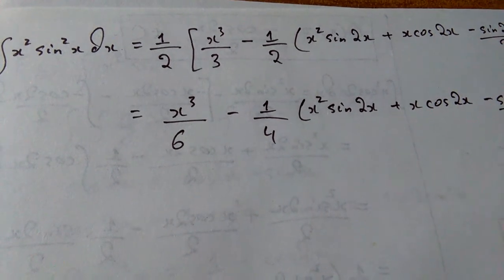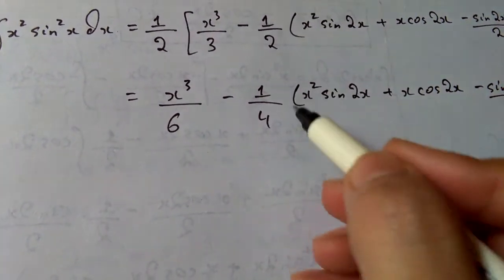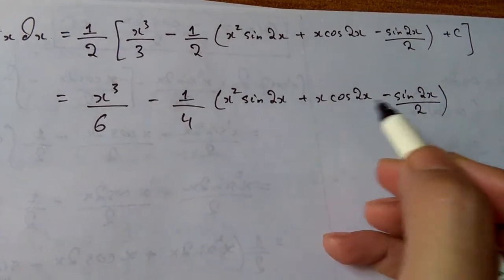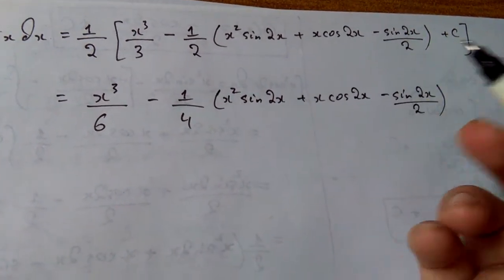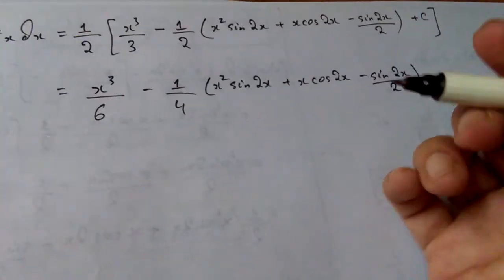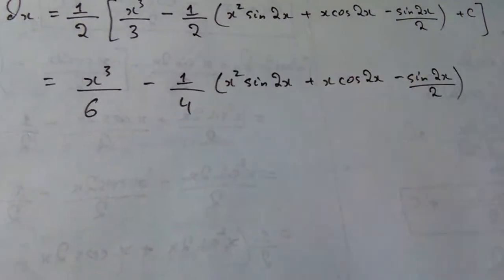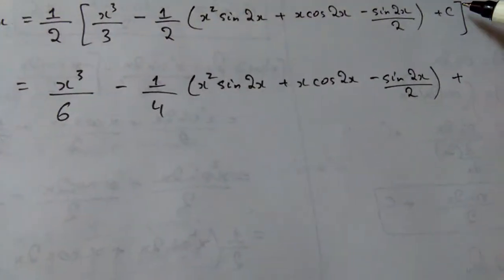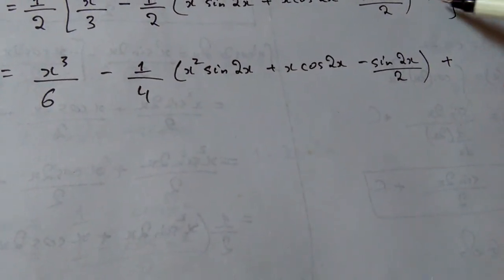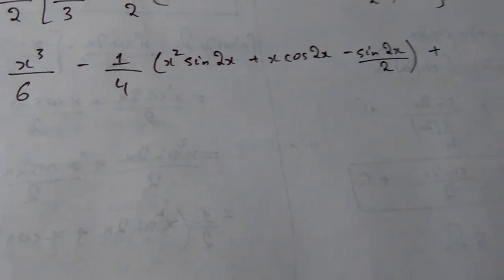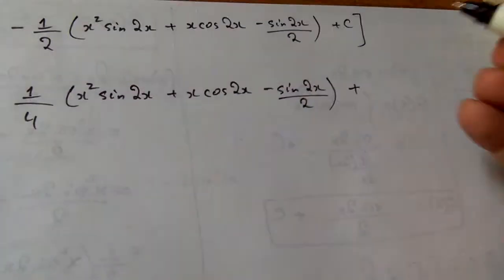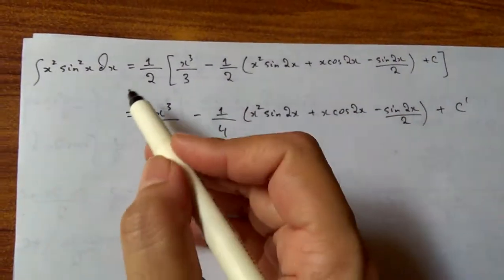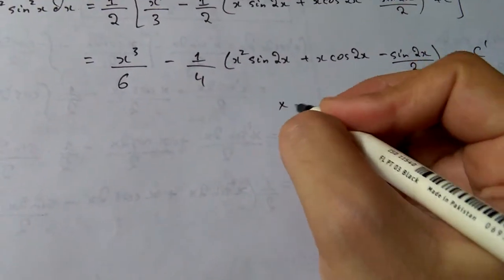And if you are in the mood to open the parentheses, then in that case this negative sign is going to change the sign of the terms inside the parentheses, and that's the maximum change you can bring in your answer. And once this half gets multiplied with this c, then it's going to become c upon 2, and that's also a constant, so you can write it simply as c dash. So that's the answer of this integral, by means of integration by parts.